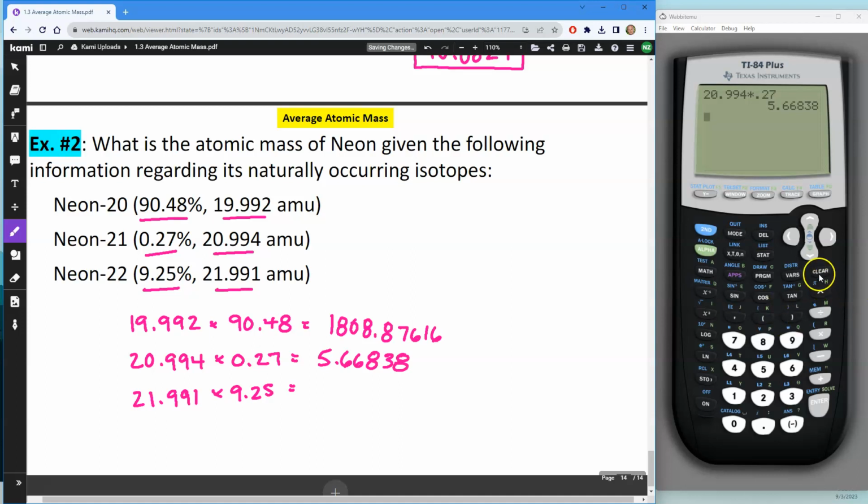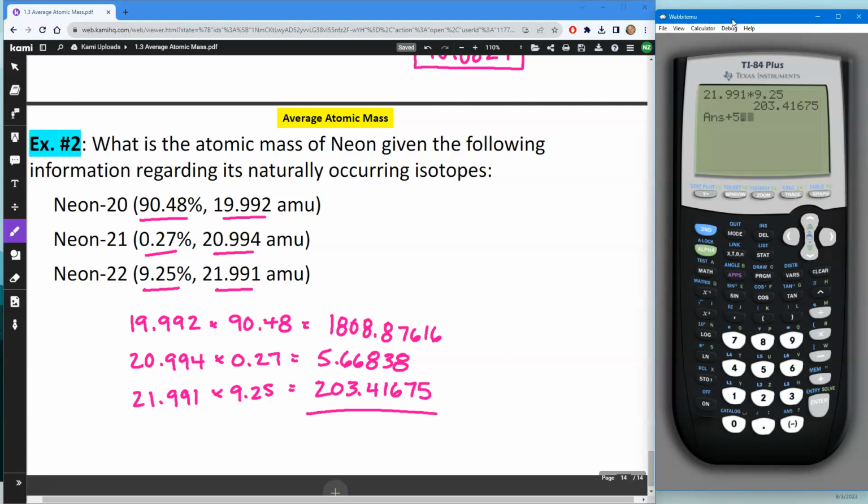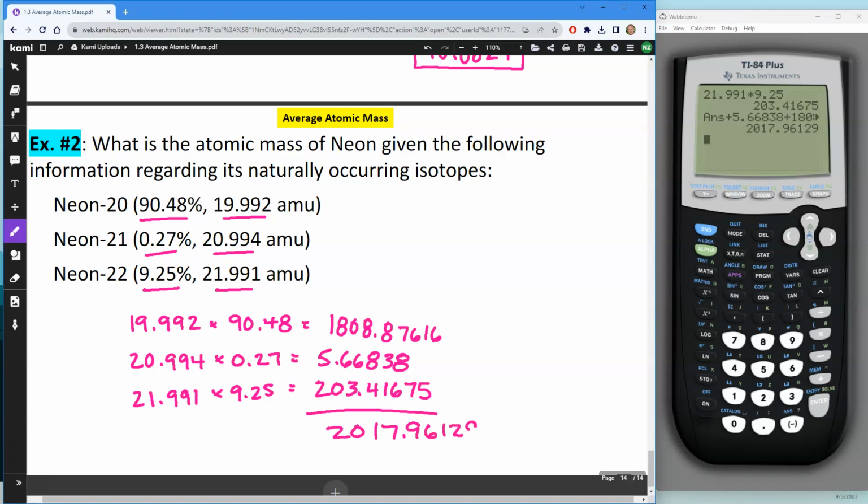And then our final one, 21.991 times 9.25, is 203.41675. Okay, so let's add all those up. We add them all up, and we get 2017.96129, and we're going to divide that by 100.